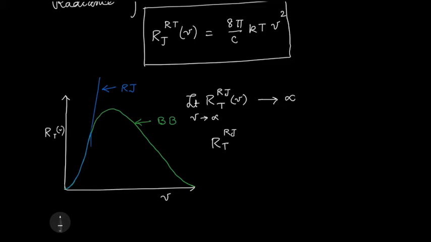Also, if I calculate RT, which is the total radiance integrated over all frequencies for the Rayleigh-Jeans case, the integration is from 0 to infinity, and you have nu squared sitting over there. So this also diverges.